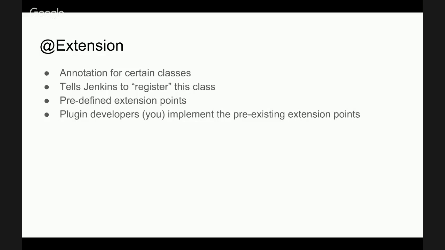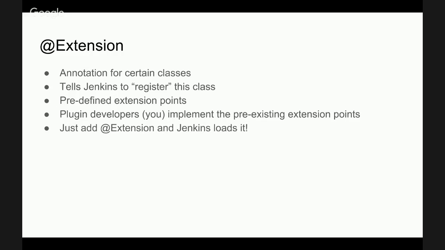You don't need to implement any extension points. For the most part, as a developer, you are going to be implementing the pre-existing ones. Myself, I'm not implementing a new version of an extension point; I'm just adding to the pre-existing elements, like a builder, as an example, that already exists.